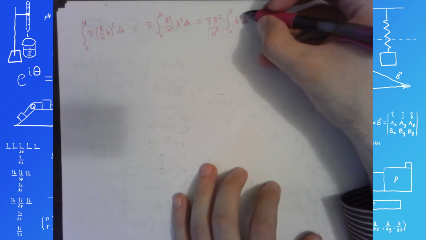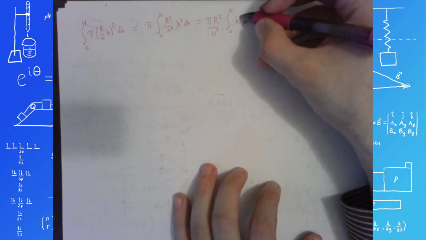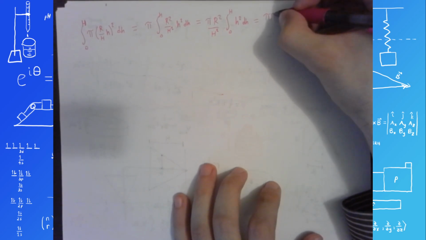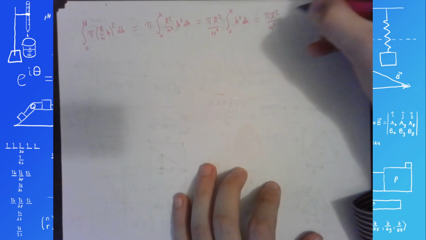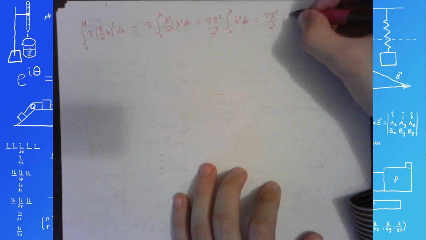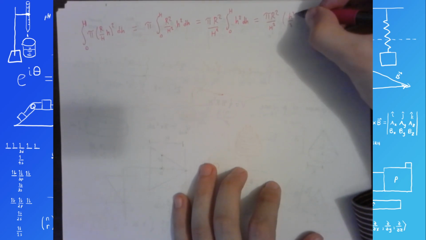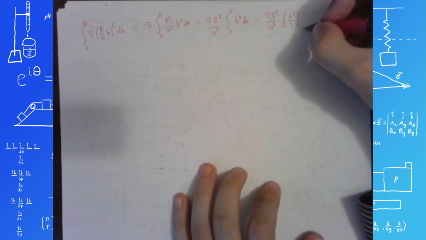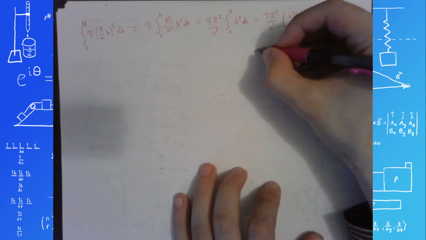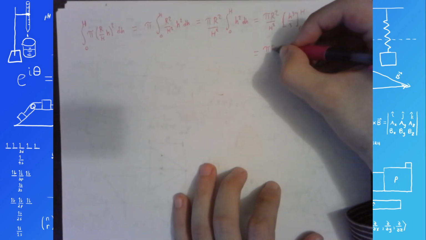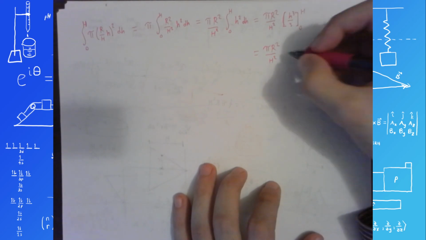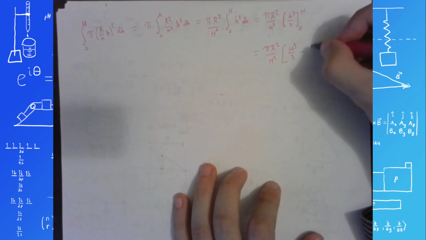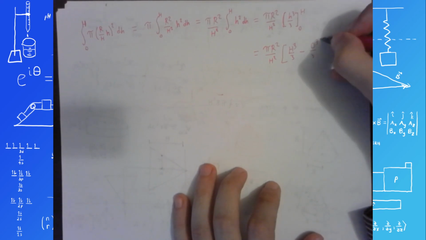This is going to become h cubed, and then we're going to divide by 3. So that's going to be pi big R squared over big H squared times h cubed over 3, evaluated from 0 to big H, equals pi big R squared over H squared times big H cubed over 3 minus 0 cubed over 3.